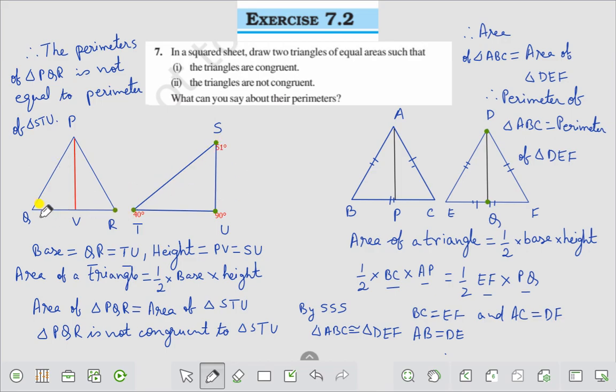Here you have taken QR equal to TU. But if we add all the sides, that is QR plus RP plus PQ, it will not be same as ST plus TU plus US. Therefore, the perimeter of triangle PQR is not equal to the perimeter of triangle STU.